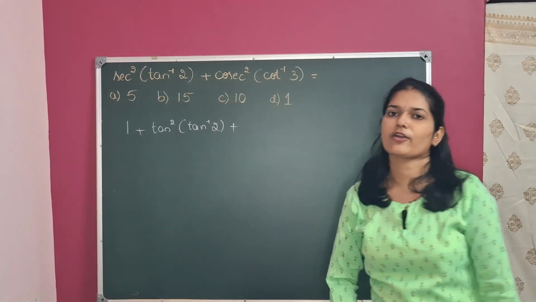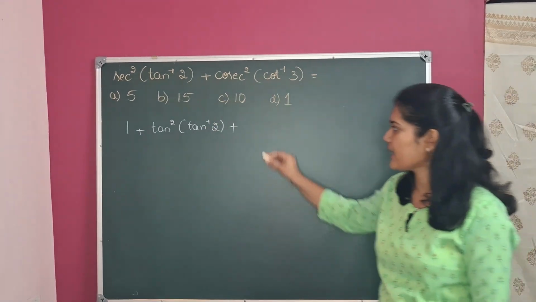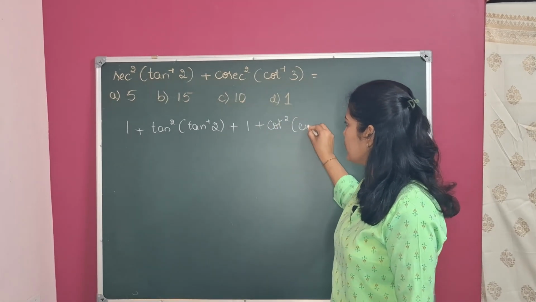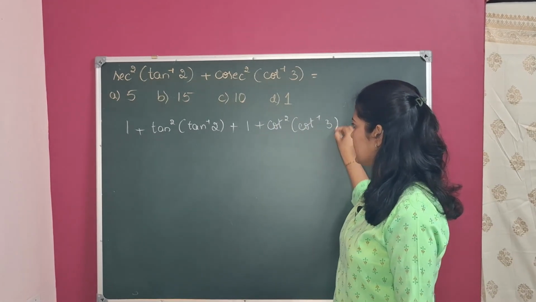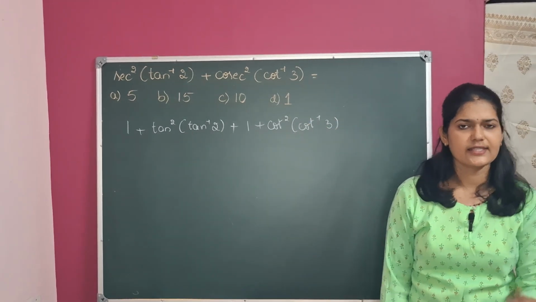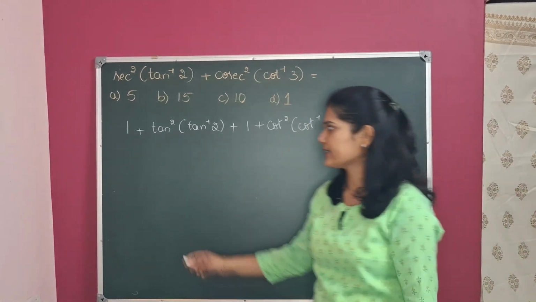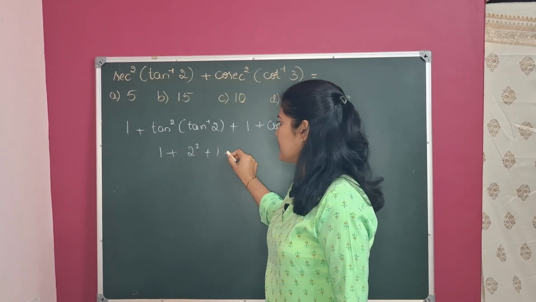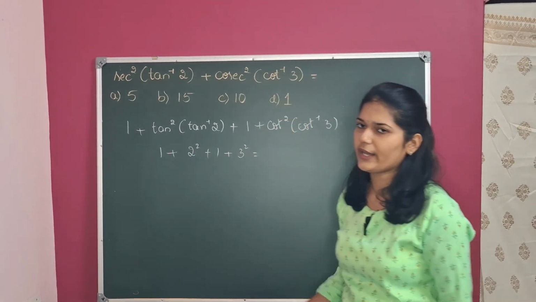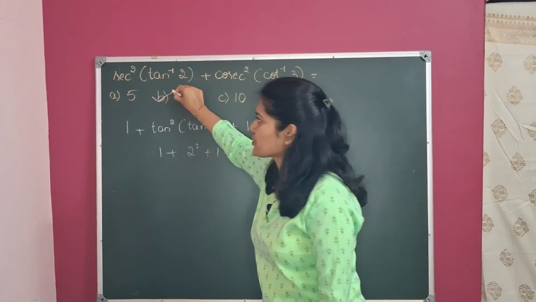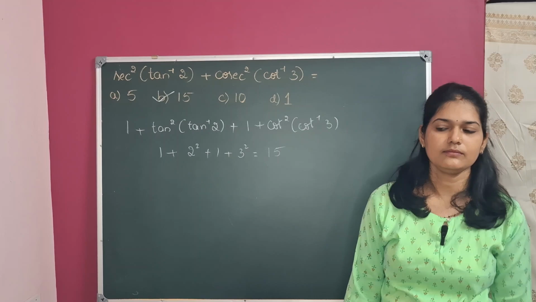Similarly, cosecant square of cot inverse 3 can be written as 1 plus cot square of cot inverse 3. So, here tan and tan inverse will get cancelled. Similarly, cot and cot inverse will get cancelled. So, 1 plus 2 square plus 1 plus 3 square, which is nothing but 15. So the answer is option B, 15.